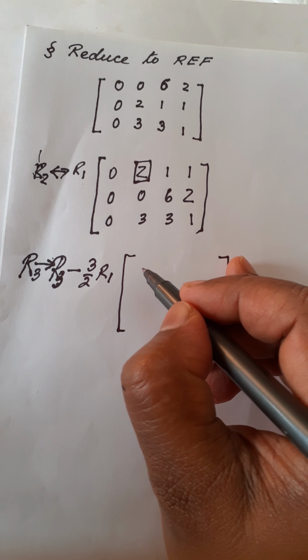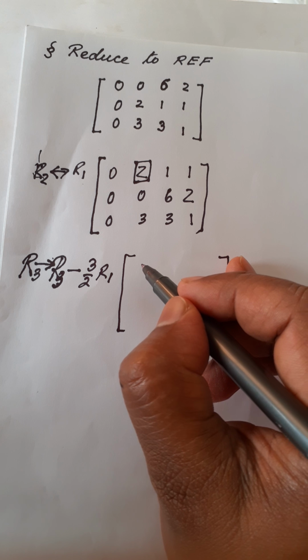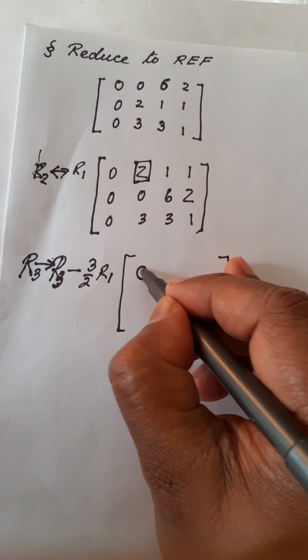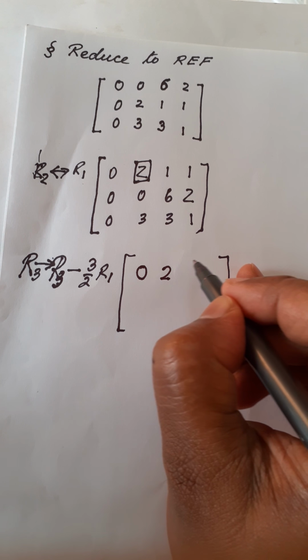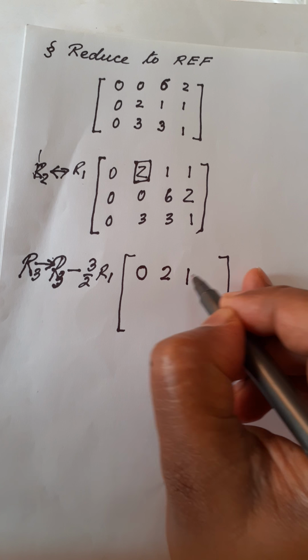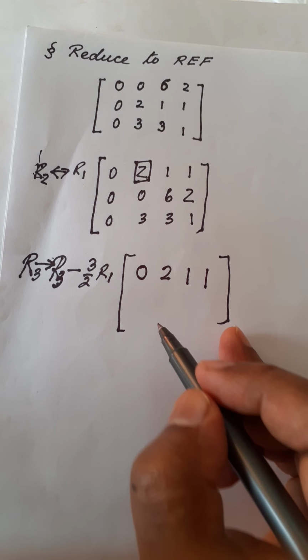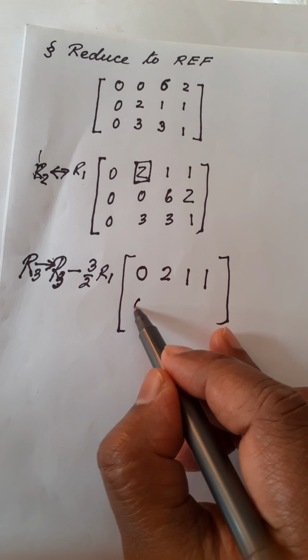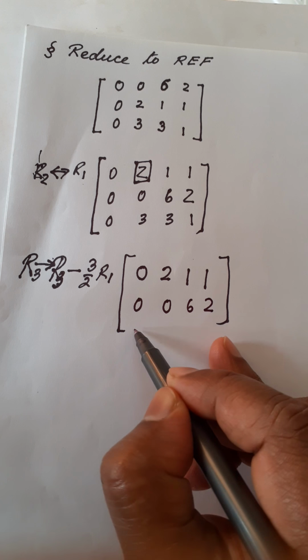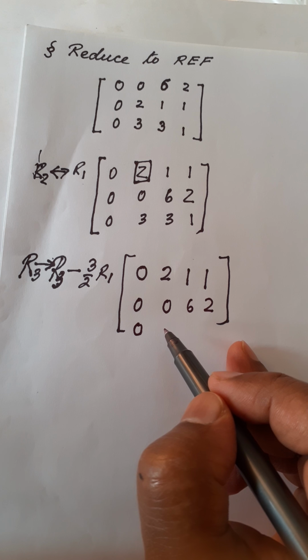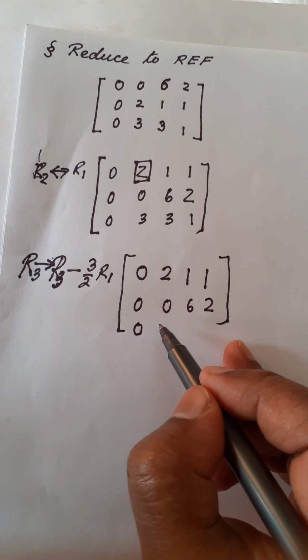we are not going to change R1 and R2. So first let us write the entries of R1 and R2: 0, 2, 1, 1, then 0, 0, 6, 2, then 0, then this is 0.